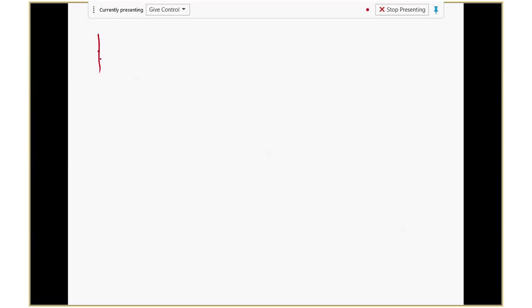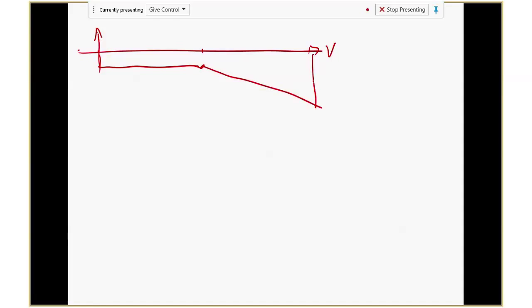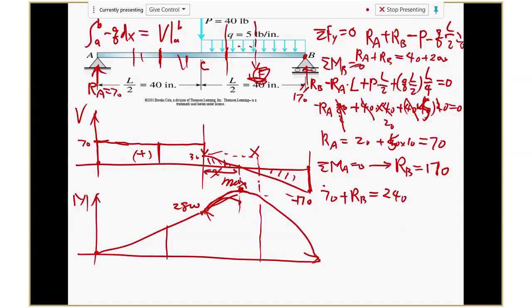Let's draw the V first, or just repeat it. So this is the baseline, this is the V. The line goes this way, and then here at 5 it goes down, so it's this way. So that's the V diagram. Here is the 5, and then here, what's this value?